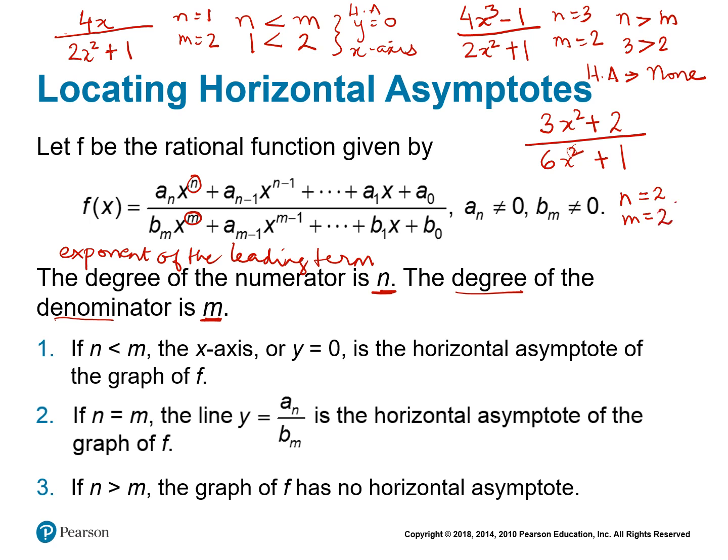Both are equal to each other. n equals m. Therefore, the conclusion is the horizontal asymptote is going to be the ratio of the leading coefficients. So 3 over 6, 1/2, right? So the horizontal asymptote is going to be y equals 3 over 6 or 1/2 if we reduce it, right? So it's going to be the horizontal line passing through y equals 1/2.